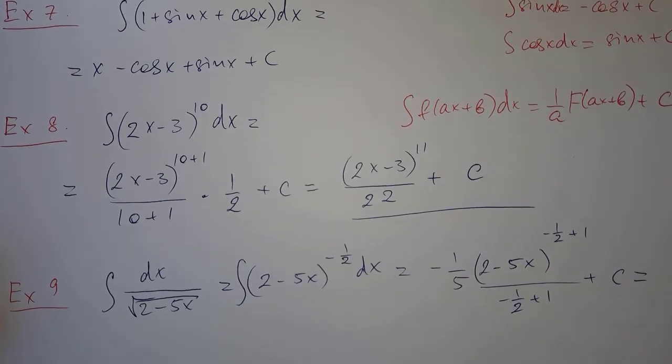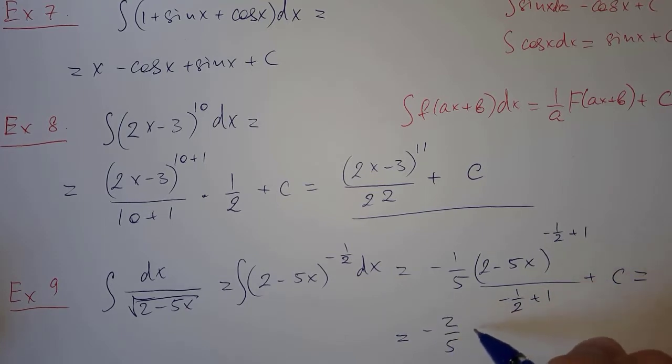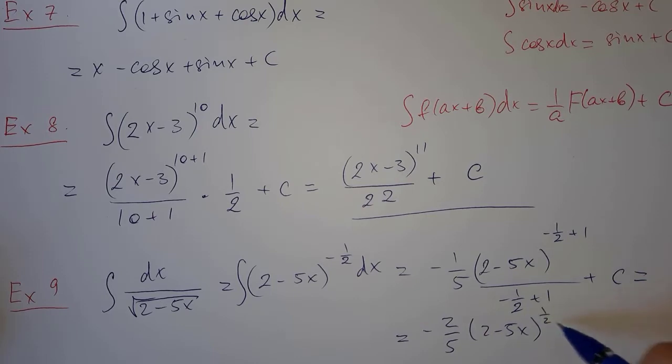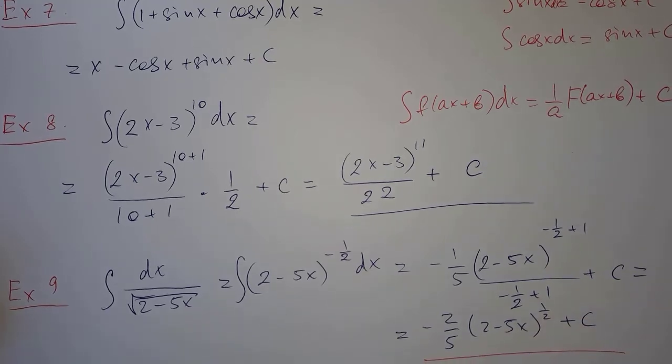And if we continue it, we get minus 2 over 5 times (2 minus 5x) to the power 1 over 2 plus c. This is the correct answer.